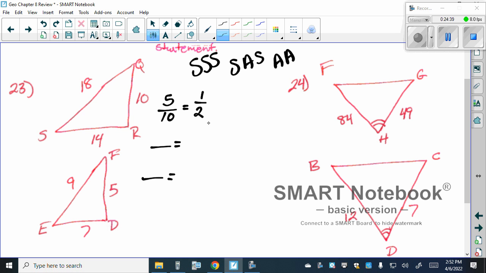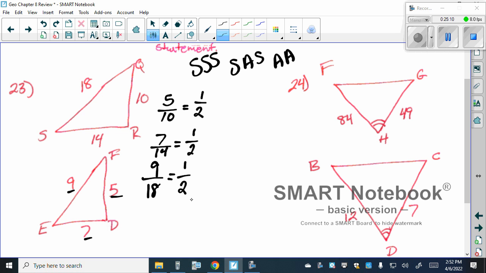Now, since we chose 5 first, 7 and 9 have to go on top also, so that we keep the proportionality the same, if they are proportional. Since I chose 5 from here, we're going to use 7 and 9 from here also. Now, the side that goes along with 7, since 7's in the middle, we would want the side in the middle. And 9 corresponds to?